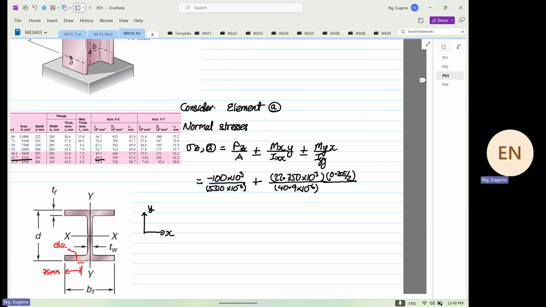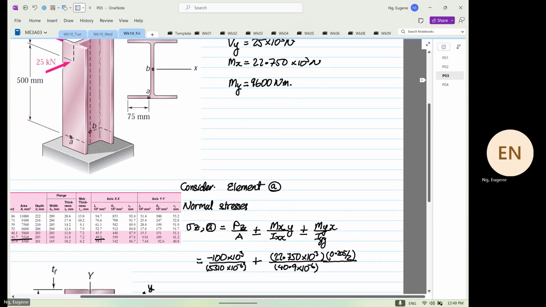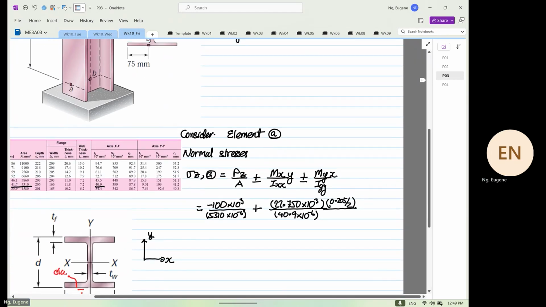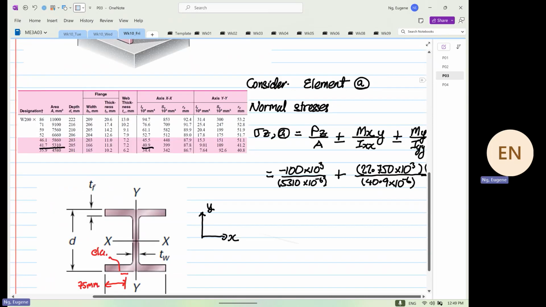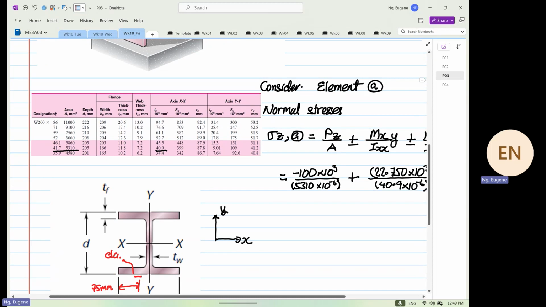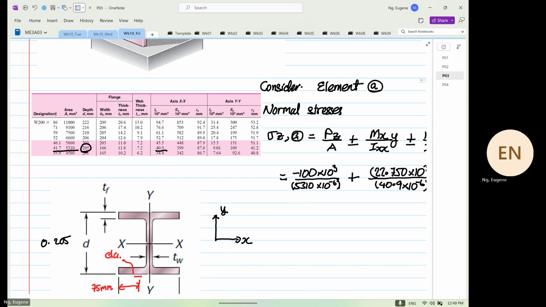Now you just need to focus on putting in numbers. The y value is 205 divided by 2, because D is 205, or 0.205.